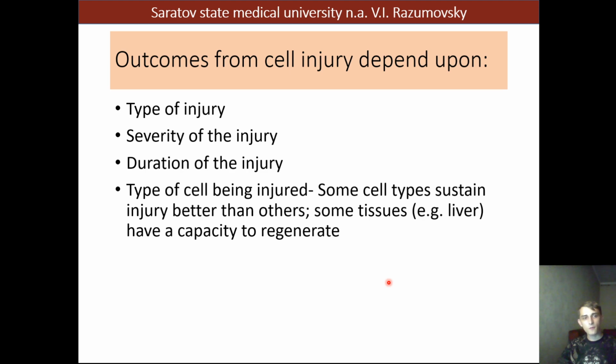Hypoxia leads to death of these cells most of all. For example, brain tissue can live without oxygen for about 5 to 7 minutes. If we talk about muscle tissues, for example heart muscle, without oxygen it may live about 15 minutes. And some tissues may have good recovery, for example liver cells.